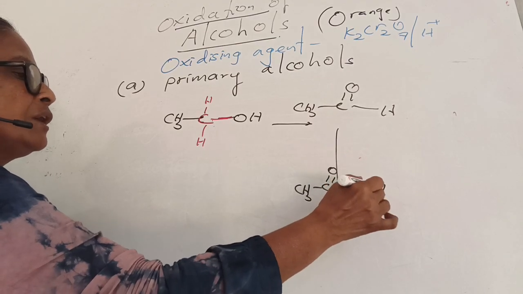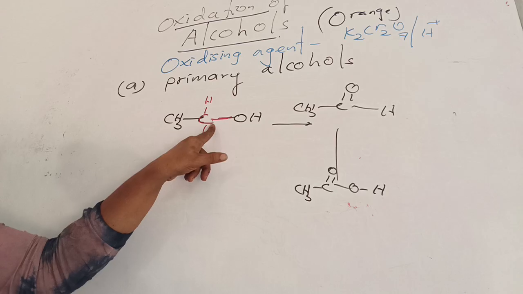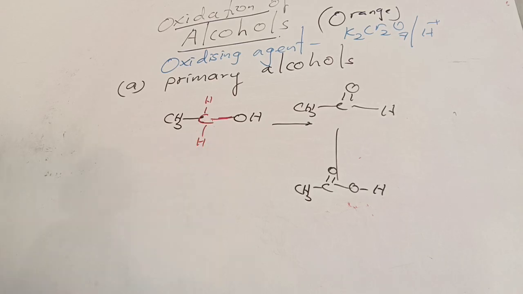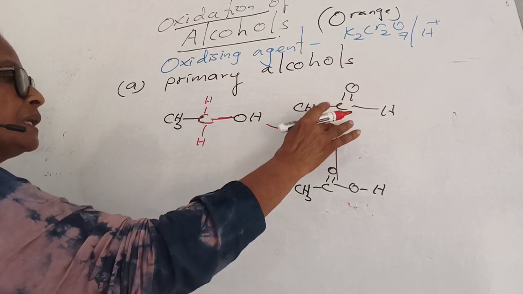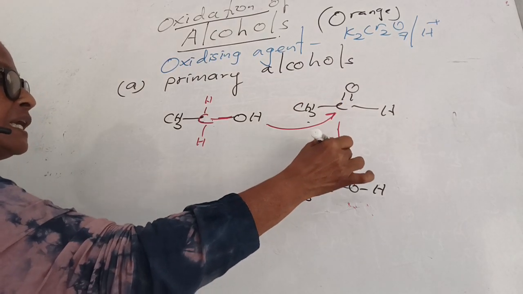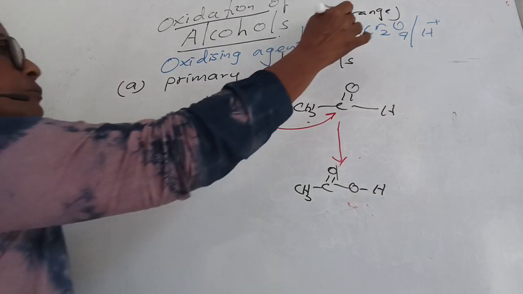So we started with this 2 carbon alcohol, ethanol, and it turns first into the aldehyde and finally into the carboxylic acid. This is done by the dichromate.